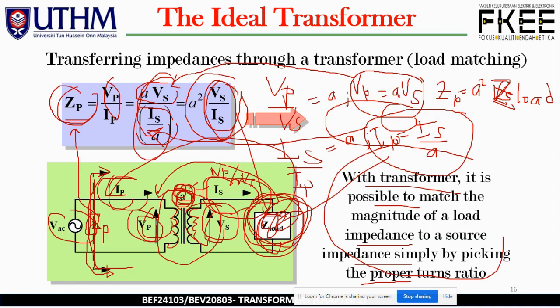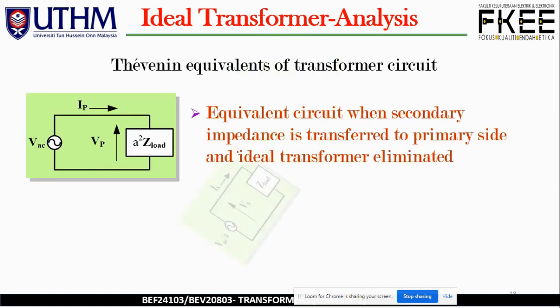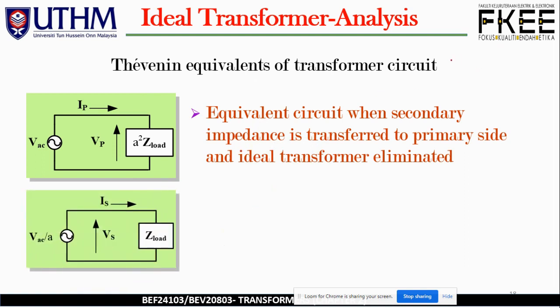So we have seen here the basic construction, which I can simply draw. We have IP and the VP over here, the winding, and then we have the ZL. Then we have IS, and the VS over here.